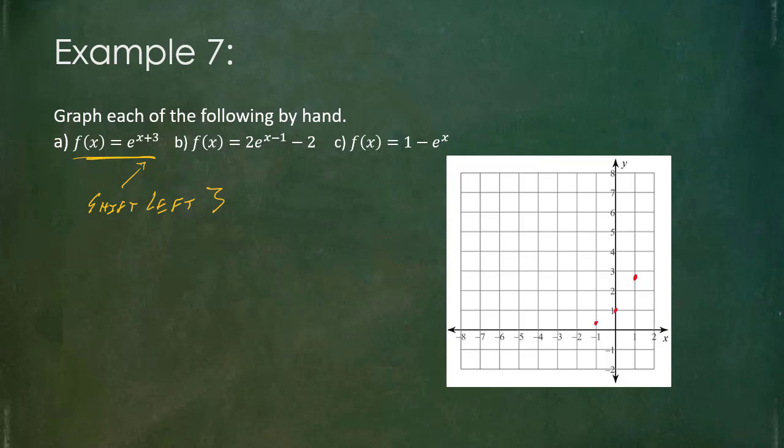If I just took each of those points and moved them all left 3 places, my smallest one would be right there now. The (0, 1) would be at (-3, 1), and the (1, 2.75) would now be at (-2, 2.75). So each of those points I just shifted to the left 3 places. And now I could draw my final graph that would go something like that.